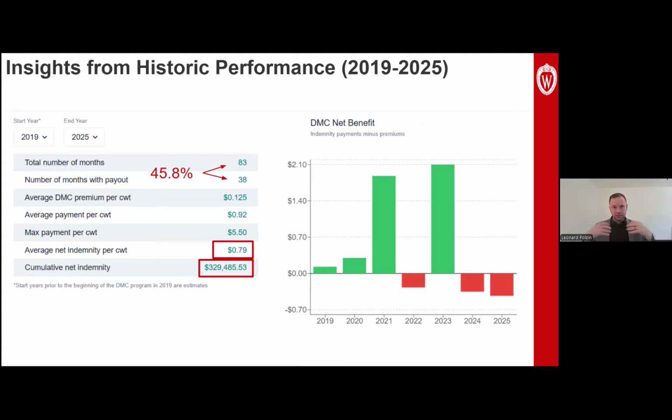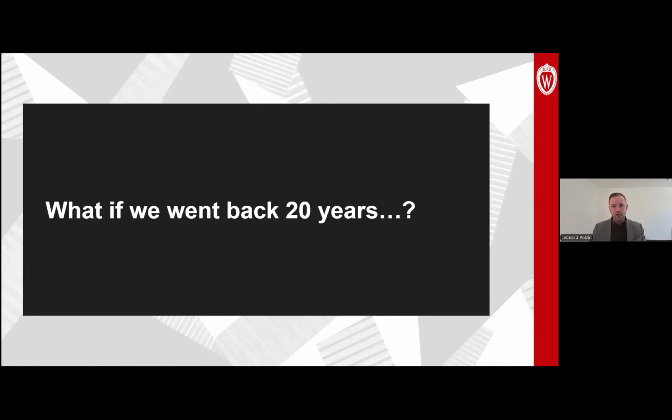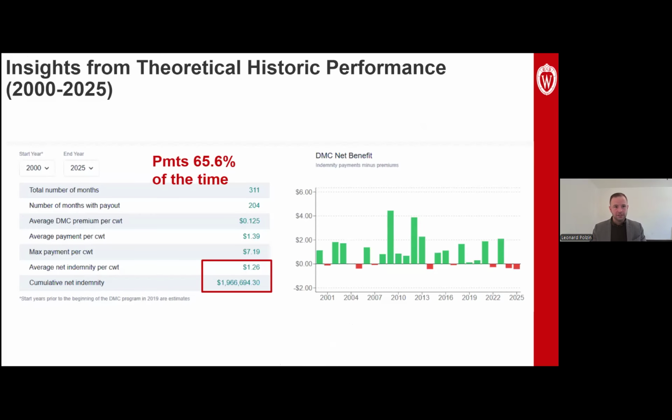So when we, as economists, look at these, we look at them compared to other insurance products. That net benefit ratio is pretty high compared to a lot of other products that you could utilize. So the other big question then is, what if we went back 20 years or more, right? Here we're going back 25 years. Now anything pre-2019 is synthetic. It's made up.